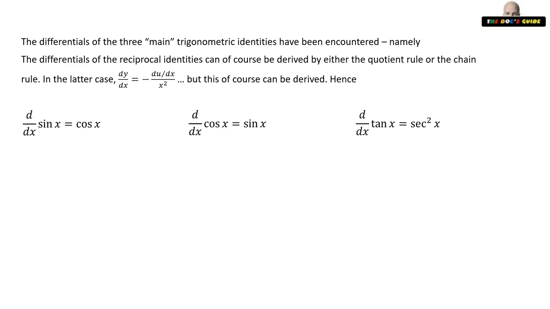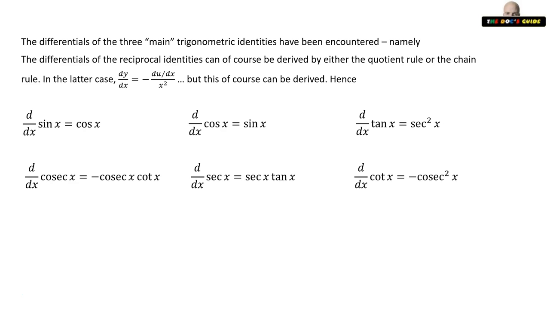Now we also can work the differentials of the reciprocal identities, and we use either the quotient rule or the chain rule to actually work these out. So although the textbook says that you should know these next differentials of the reciprocal quantities, I don't think that's the case. In fact, I'm sure that's not the case.